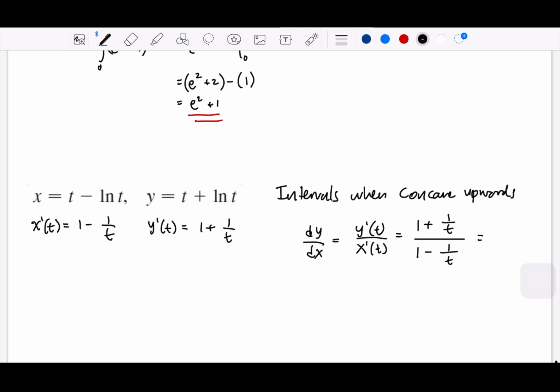So this will be t plus 1 over t minus 1, right? And then do the same thing with the second derivative.